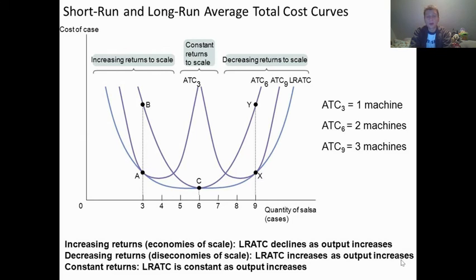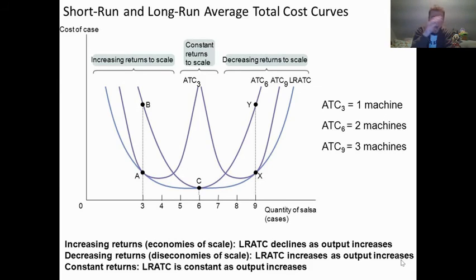Now, there's one more part to go along with this, and it has to do with almost just a change of the wording in terms of economies of scale and diseconomies of scale. It's really the same concepts. So what you have are what is termed as increasing returns to scale, constant returns to scale, and decreasing returns to scale.